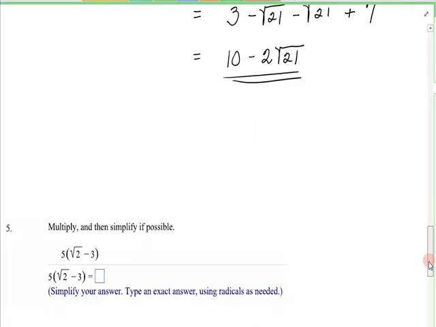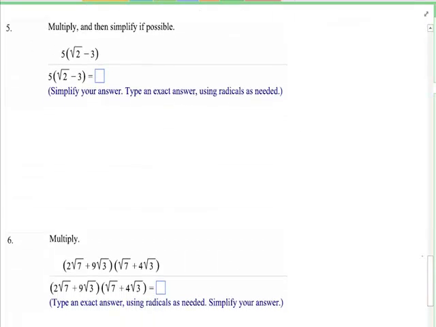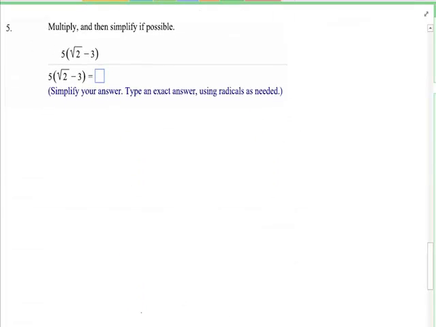Okay, let's do another one. What would we do here? This one, we're going to use the distributive property. And I'm really glad that this problem is here because students sometimes make a mistake that I want to caution you about. When you're multiplying here, 5 is a rational number, meaning it is not under a radical. These are irrational numbers.